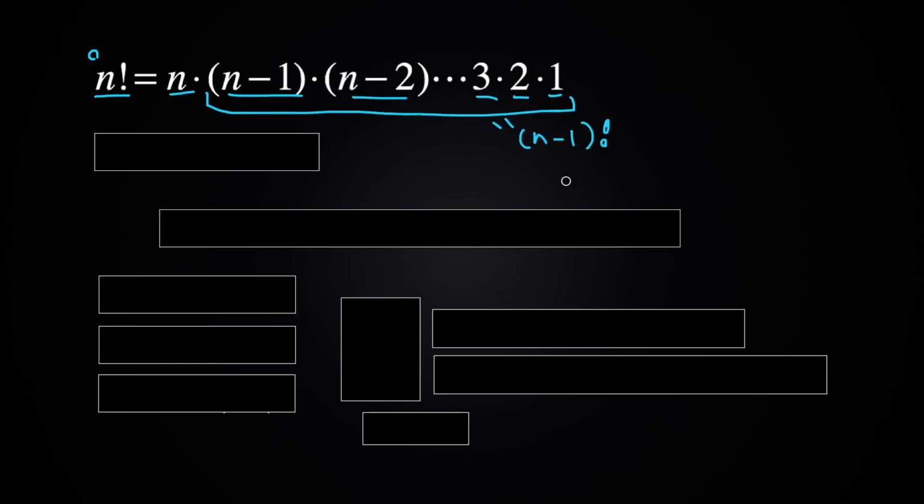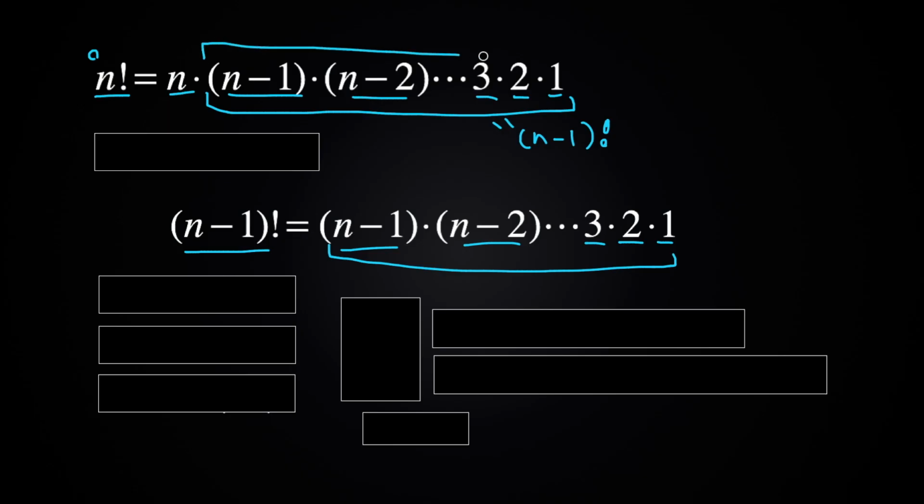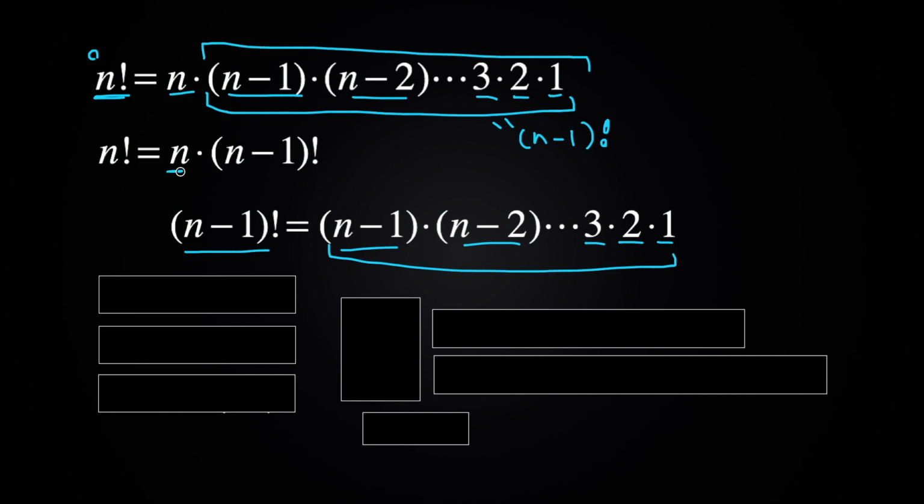That might be more obvious if I write it separately here, as n minus 1 factorial equals n minus 1 times n minus 2 times and so on, times 3 times 2 times 1. So this whole thing is equivalent to this part. So you might say, well, we can rewrite n factorial as n times n minus 1 factorial. And that's good. This new equation is mostly correct, but it's not a complete definition of factorials.